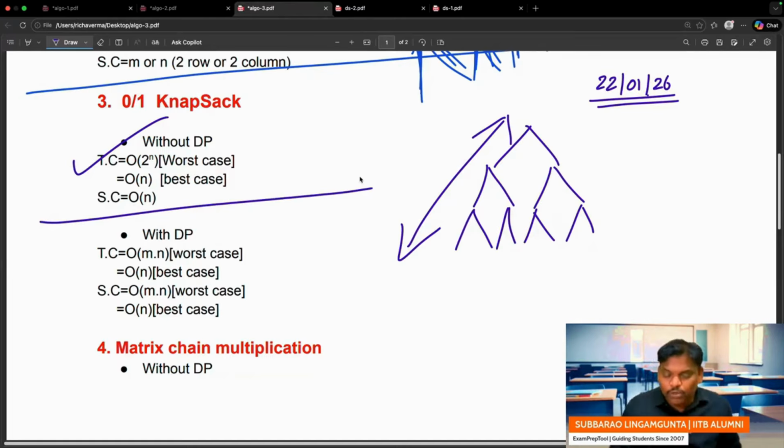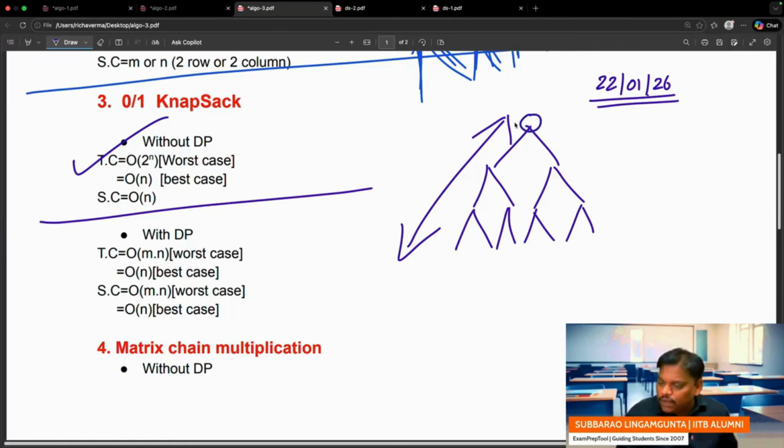With DP, if you observe, there are two parameters which keep on changing. One is the capacity of the knapsack. The number of objects also keeps on changing. So there are capacity M, number of objects N. Because these two parameters keep on changing, a tree will come with those parameters only. The things which are not changing, the tree will not change.